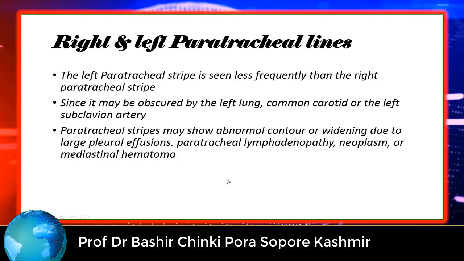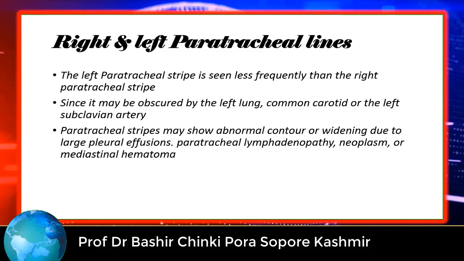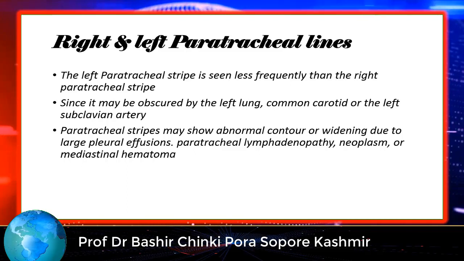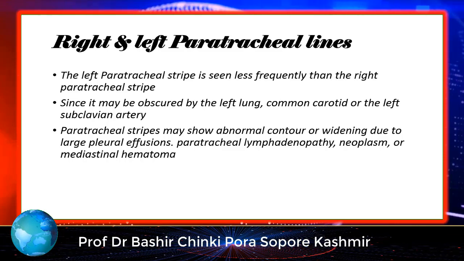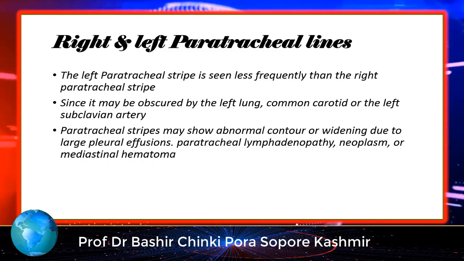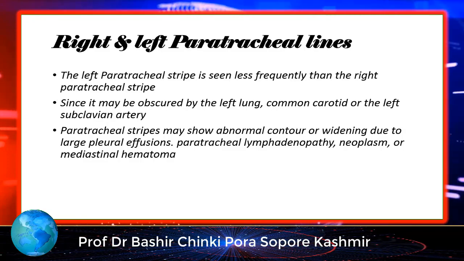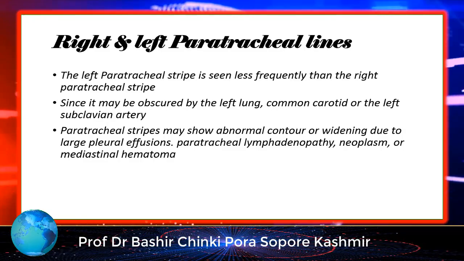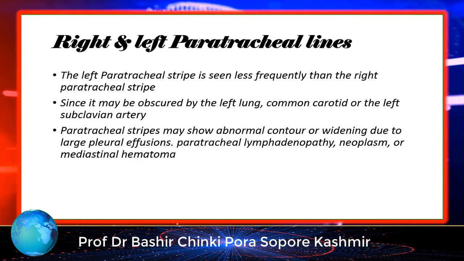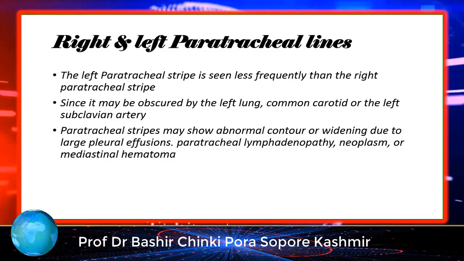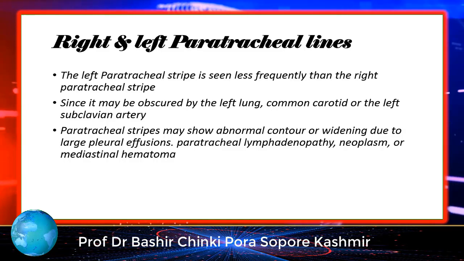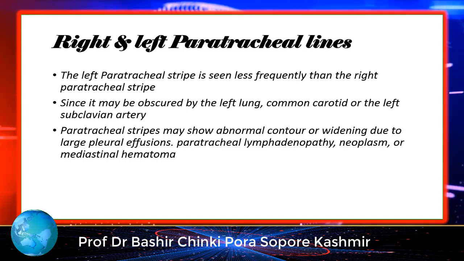So the left paratracheal strip is seen less frequently. You more often see the right paratracheal line or strip, and less often the left paratracheal strip. The reason is that it is obscured by the left lung or by the common carotid or left subclavian artery.